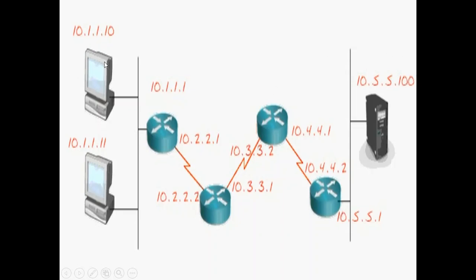So the packet would have searched the entire network, realized it did not find the 10.5 network, and it would carry it to the default gateway.